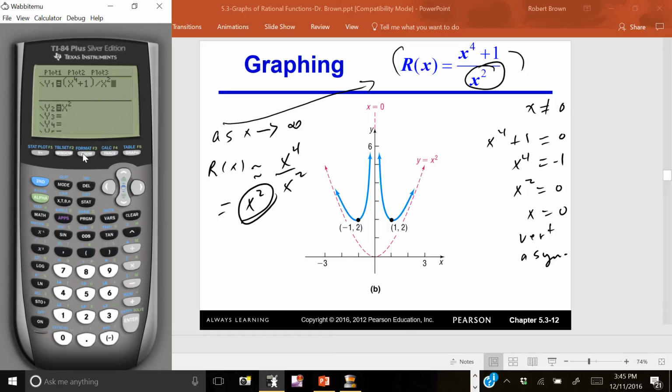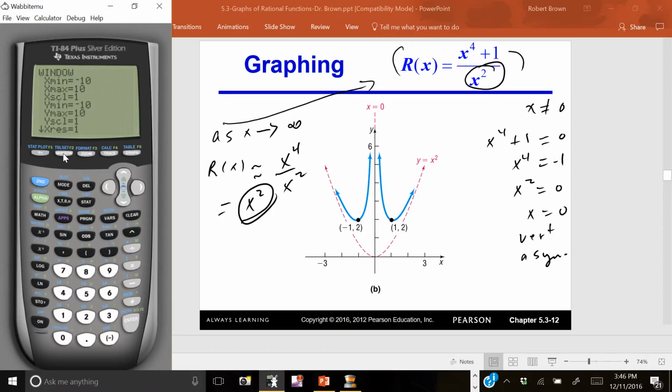And now let's zoom to the standard window. And we see the graph of the rational function itself. And we also see y equal x squared there, which the function approaches as x gets closer and closer to infinity.